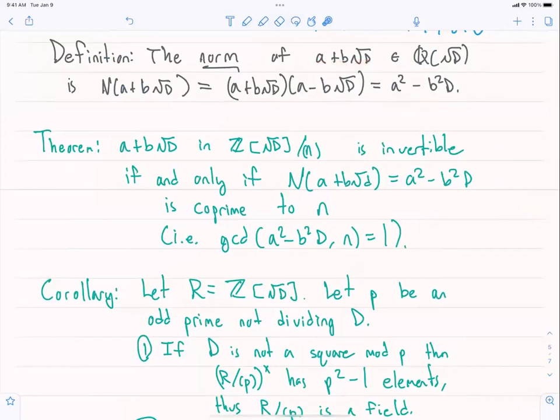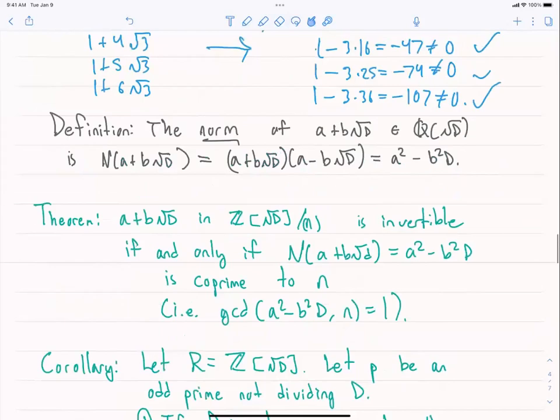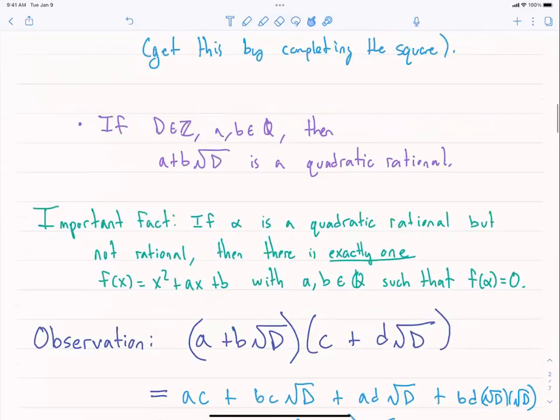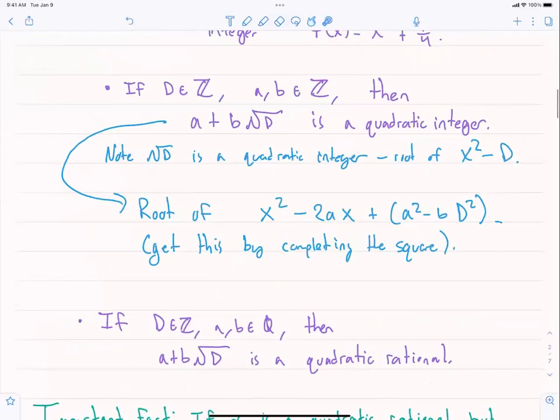Okay, so this takes in this special type of quadratic number and just spits out a rational number. Let me just point out that this quantity also appeared much earlier. Well, it tried to appear much earlier, so I wrote down the wrong thing.